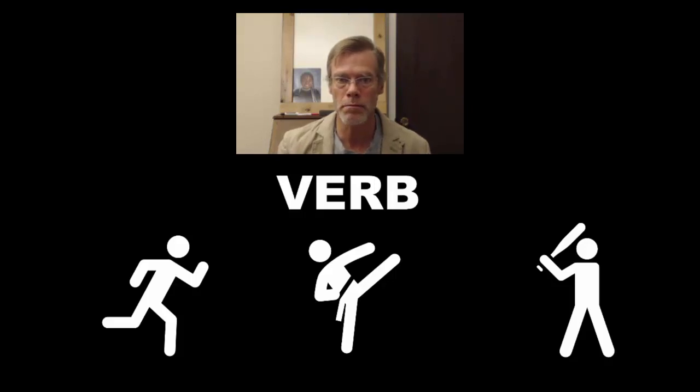But it works because, again, our most prototypical verbs are actions. So, for example, run, or kick, or hit. Those are really good, solid verbs that help us to understand then that other verbs, which are not prototypical, like seem and appear, are also verbs because they behave the same way.